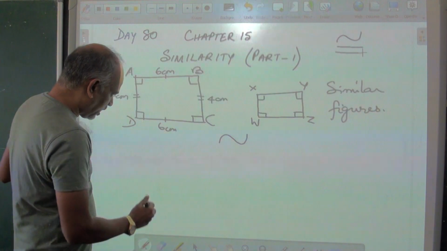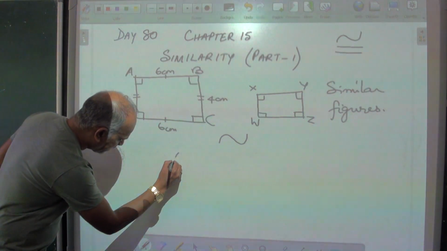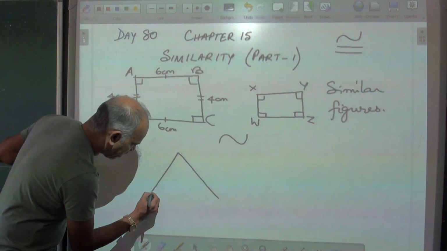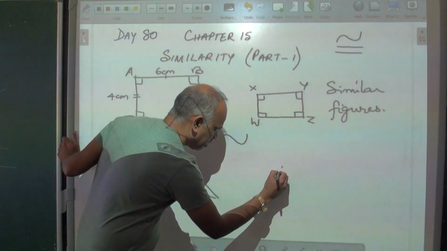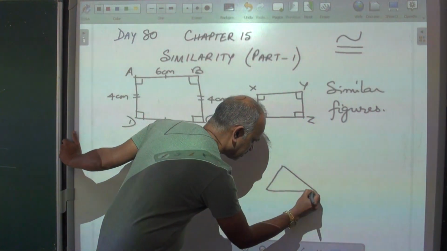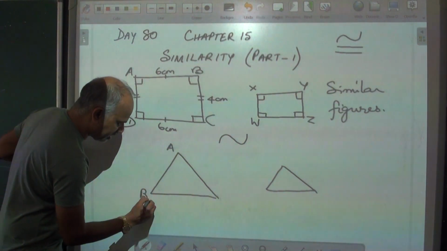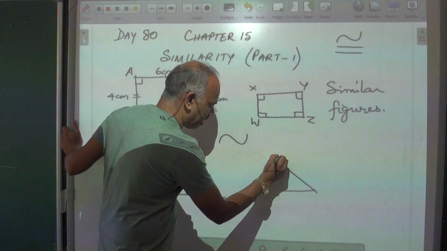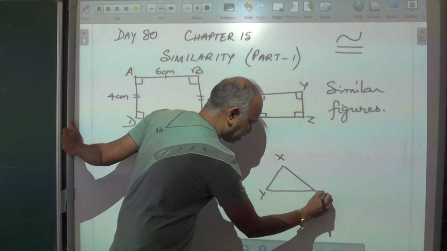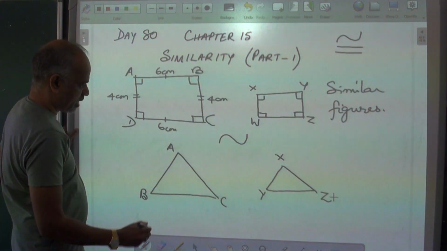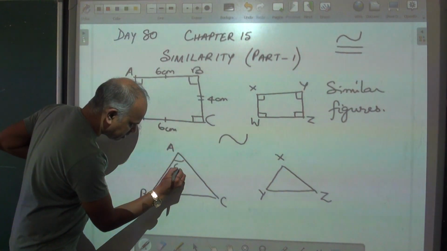Okay. So coming to triangles, say I have a bigger triangle and a smaller triangle. I have named the bigger triangle as ABC and the smaller triangle as X, Y and Z. Angle A, say, is 60 degrees.